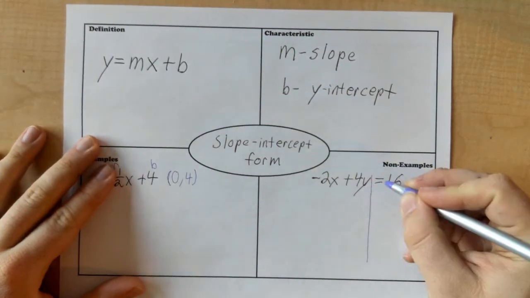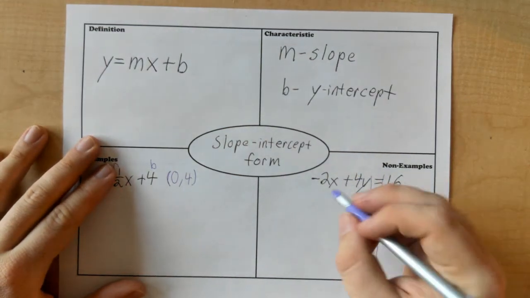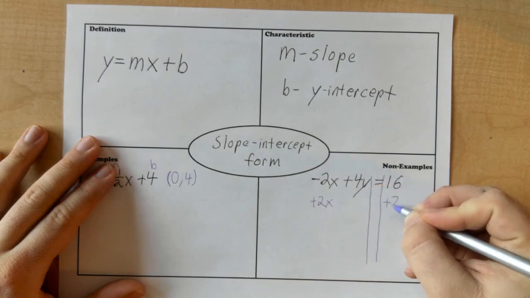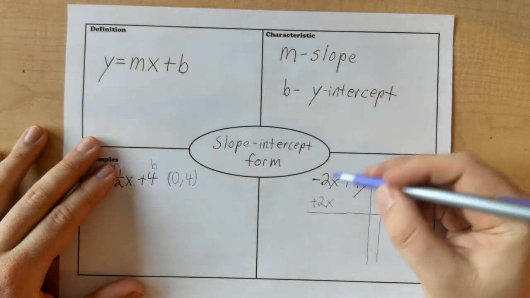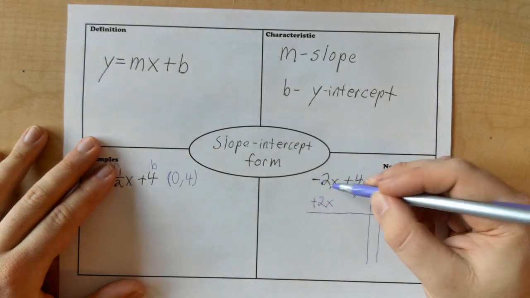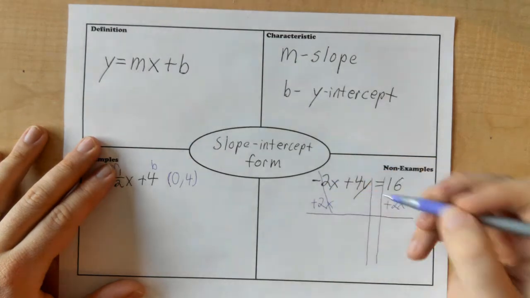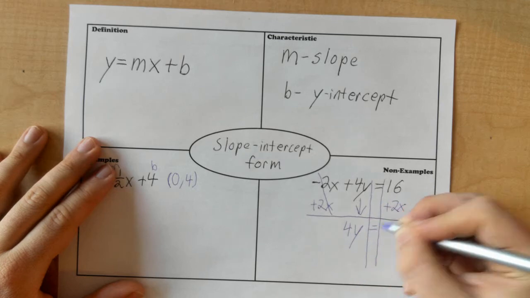So I have the two sides of my equation. To do this, I'm going to start by adding a 2x to each side. Right? So I could add this entire term. Right? If I have a negative 2, I'm going to add the opposite. So on this side, I'm just going to be left with the 4y.